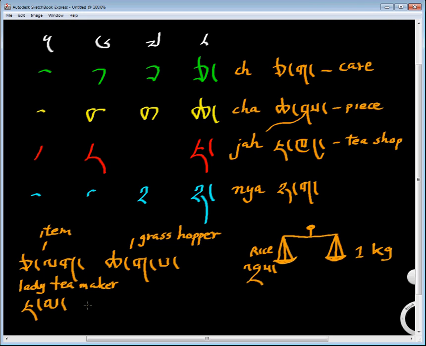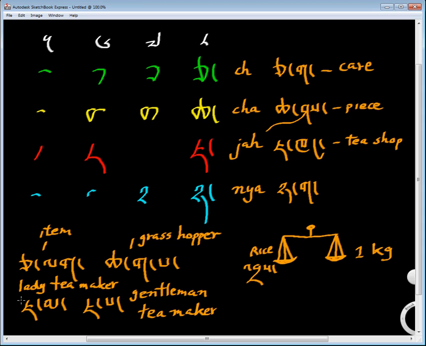And then if it's chapa, chapa means a gentleman making tea, a gentleman who makes tea.